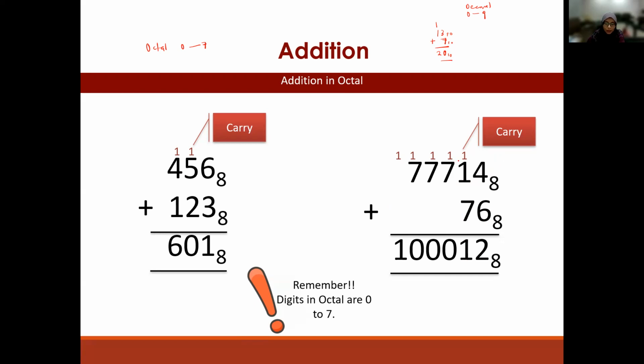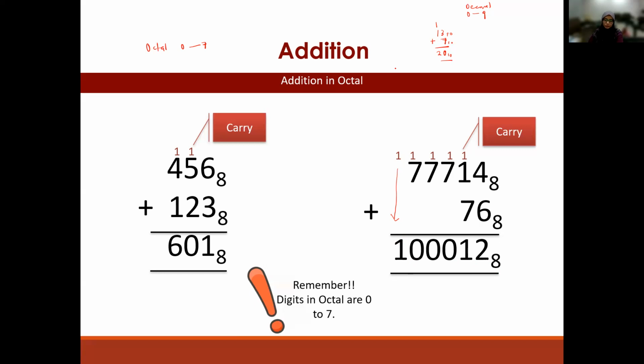So 1 carry here. 1 plus 7 equal to 8. 8 minus 8 equal to 0, with 1 carry, same goes to here. When you have 1 carry and no numbers left to add, you just bring it down. So the answer would be 100012 base 8.